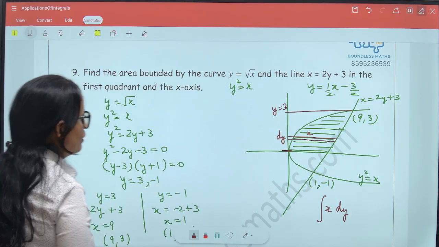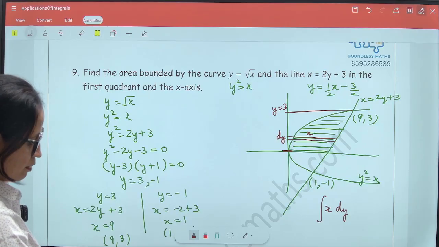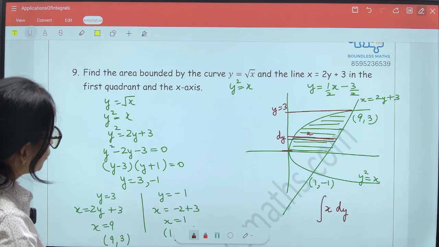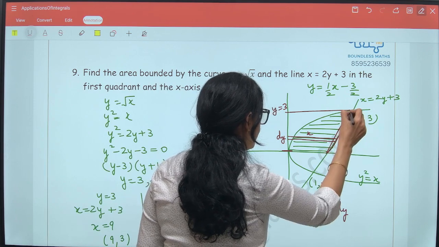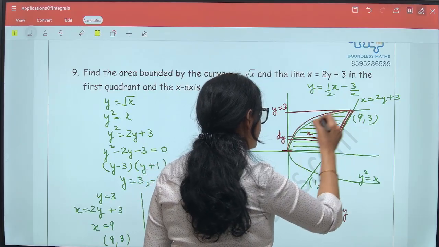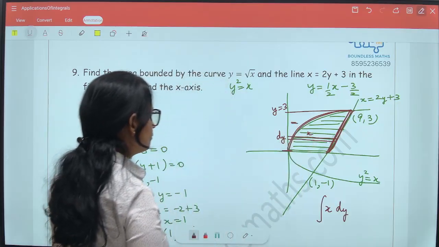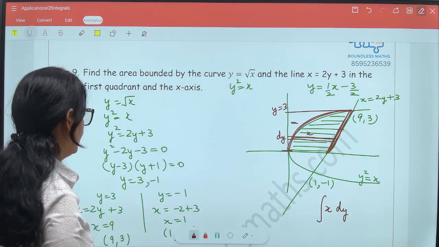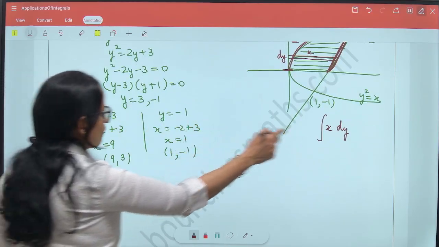Right? So first we need to write what is the equation of the straight line, because this will give you the entire area between the y axis and the straight line, and from that take away the area bounded by the parabola. So you will get the required area. Now we need to write the expression in terms of integral of x dy.